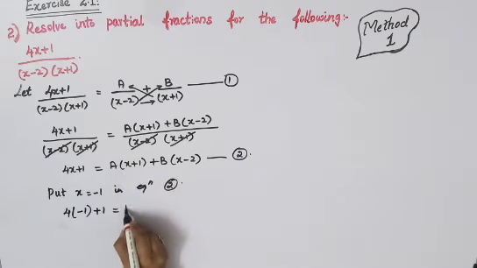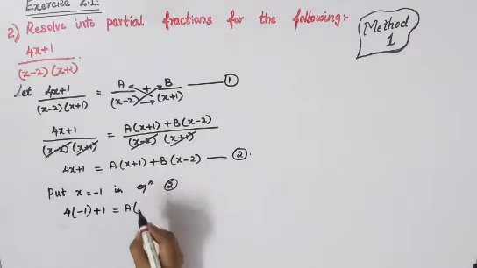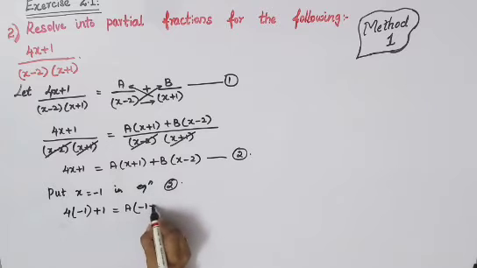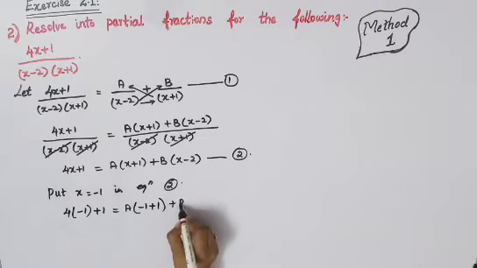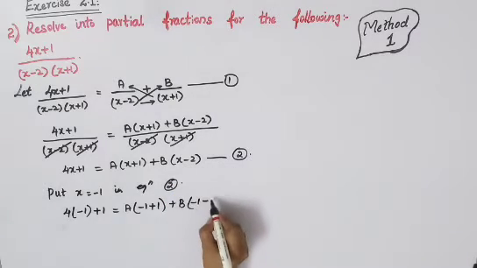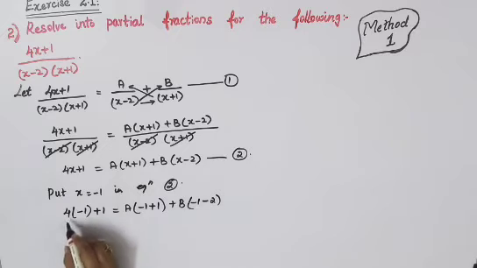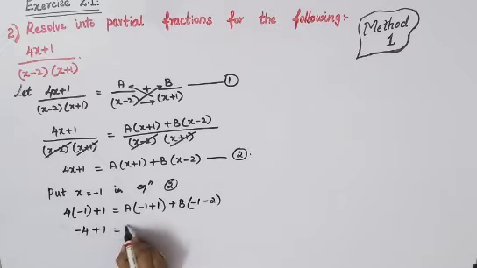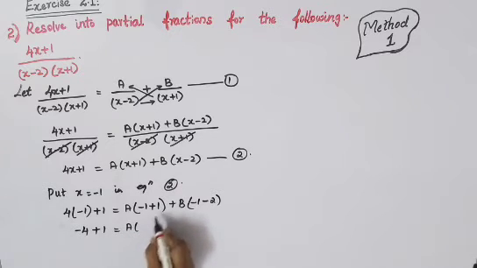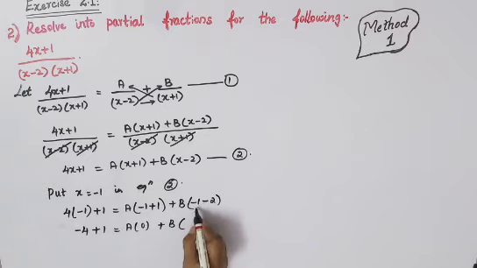Now your right hand side: a into, instead of x you will have to put minus 1 plus already 1 is there, so give that one as it is, plus b into, again x is there, so put minus 1, again this minus 2 as it is. So now solving, 4 ones are 4 with minus, so minus 4 plus 1, which is equal to a into minus 1 plus 1 will become 0, plus b into minus 1 minus 2 will become minus 3.